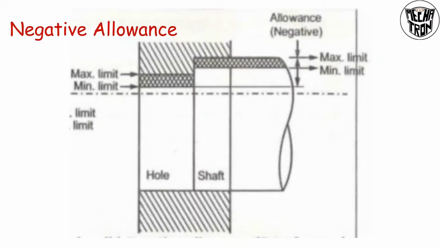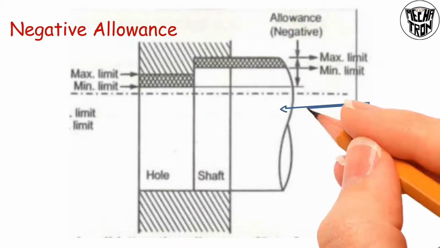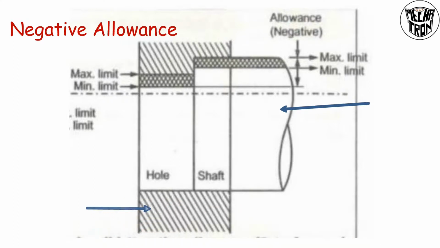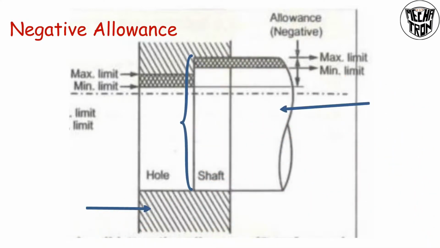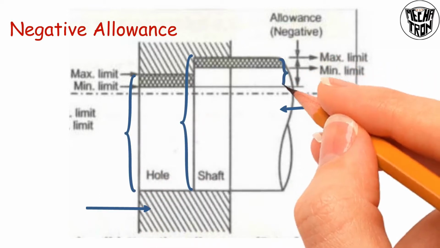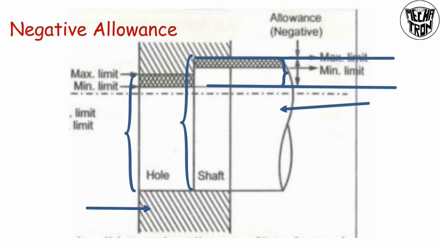Second, negative allowance. We can see this figure, and here too the shaft is located inside the hole of this hollow shaft. If the diameter of shaft is larger than the diameter of hole, then it is called negative allowance, and this distance between this shaft and hole is the negative allowance.